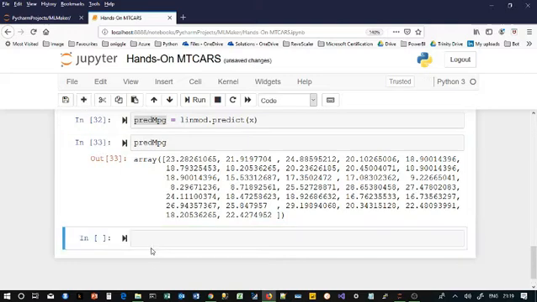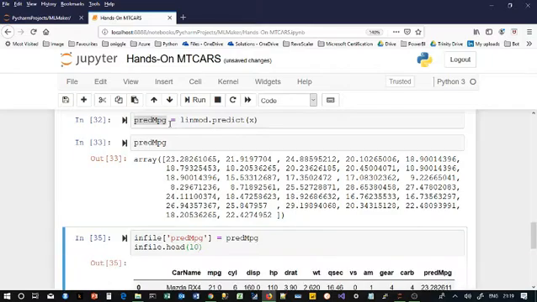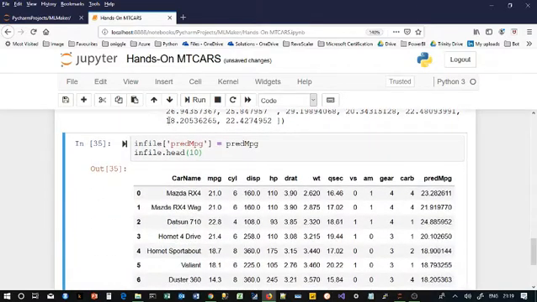Just for sake of comparison, I'm just going to create a new column in my original input file, let's call this predicted miles per gallon. There's nothing there. Let's do a in file dot head. As you can see, you don't have to do this. I'm doing this just for the sake of explanation.